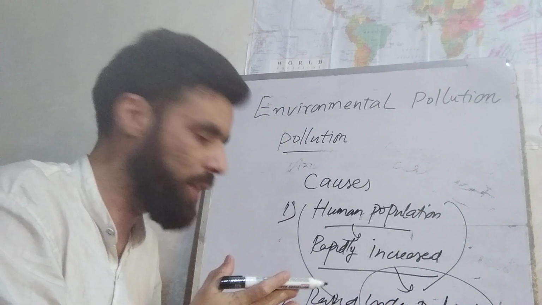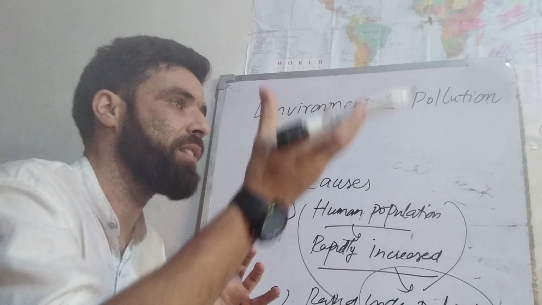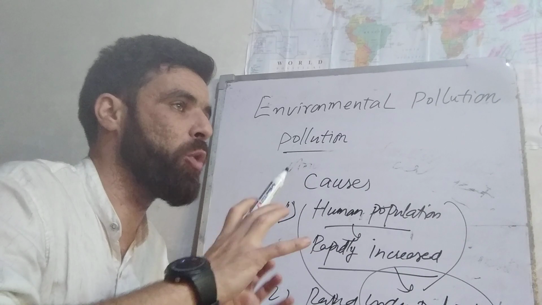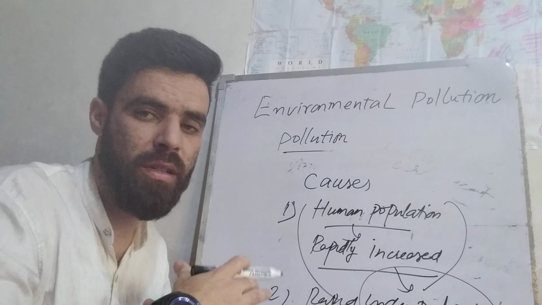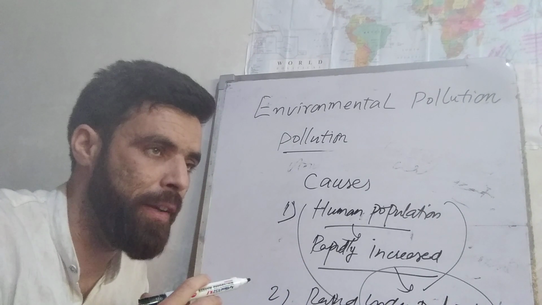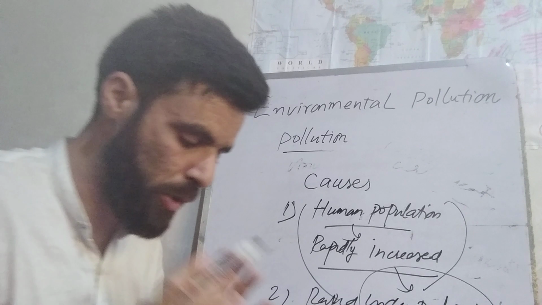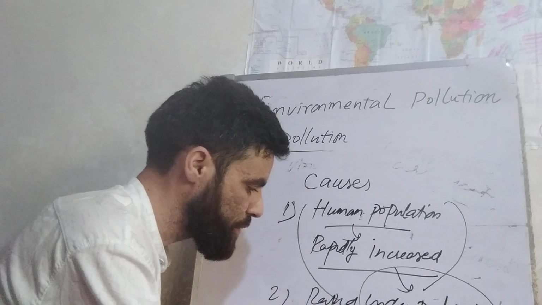These can be solid wastes, or these can be aerial things like various pollutants, carbon monoxide, nitrogen oxide, sulfur oxides, which are being added to the atmosphere. They can cause pollution.